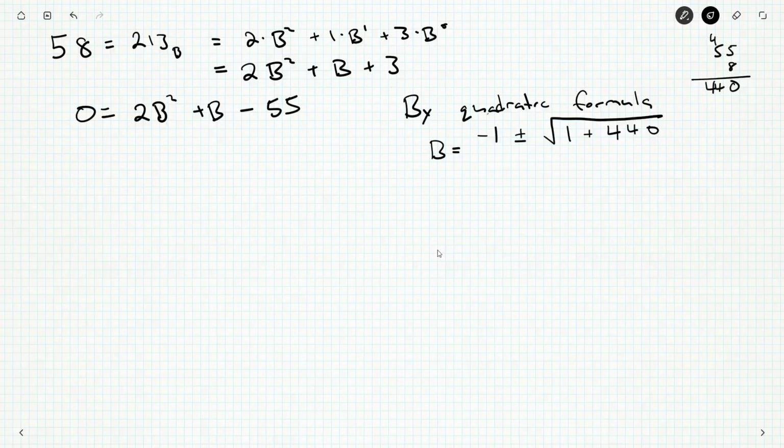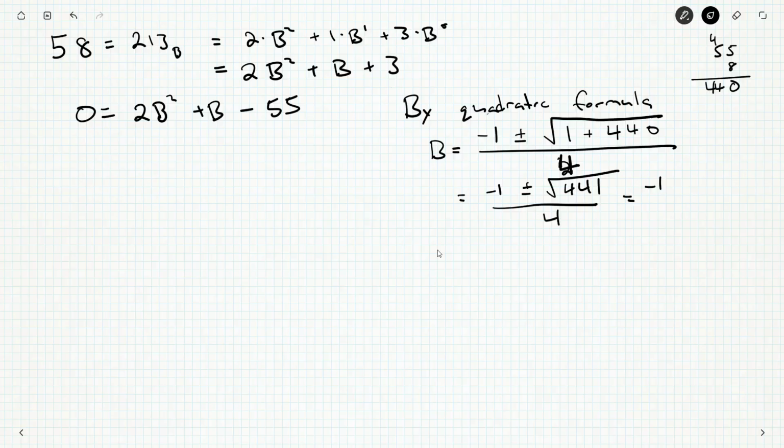Either way. And then this is all going to be over 2a, so this will be over 2 times 2, which is 4. Okay, so we'll get negative 1 plus or minus square root of 441. Now this is a number we should be familiar with. So square root of 441 is 21.